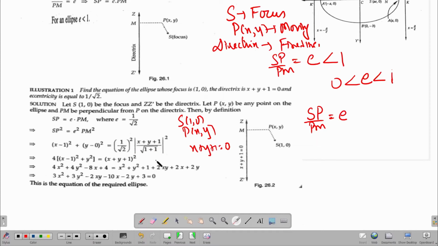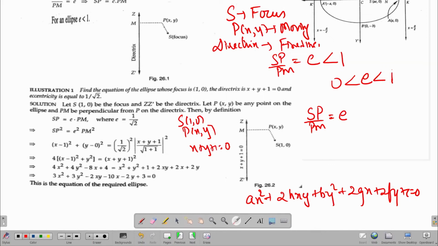After solving this, we obtain an equation, and this equation is an ellipse. This is a second degree equation of an ellipse, and the standard form is ax square plus 2hxy plus by square plus 2gx plus 2fy plus c equal to 0.